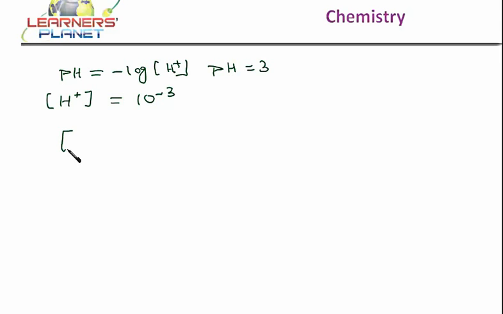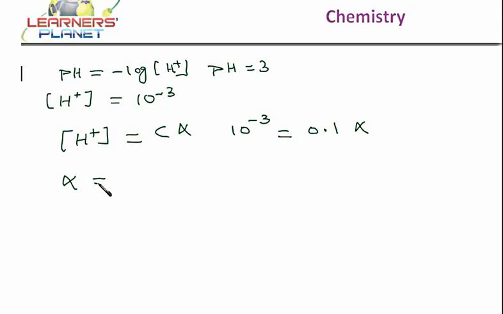Right? Now what we have got? The hydrogen ion concentration is equal to C alpha, that is the equilibrium concentration. So 10 to the power minus 3 will be equal to C, the concentration of acid given, which is 0.1 molar, times alpha.